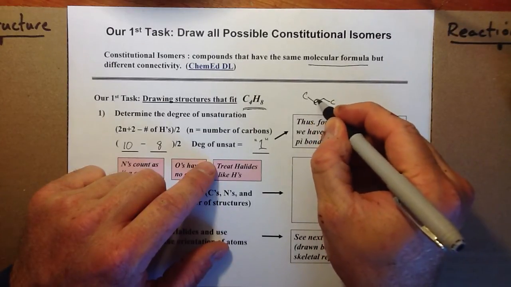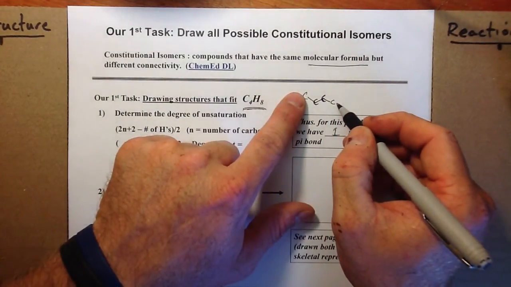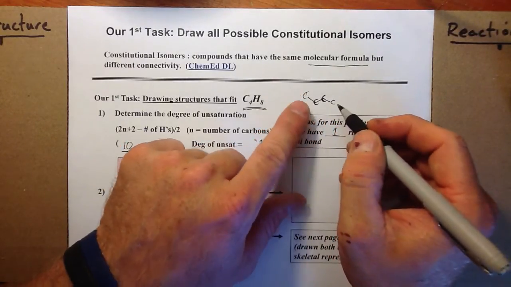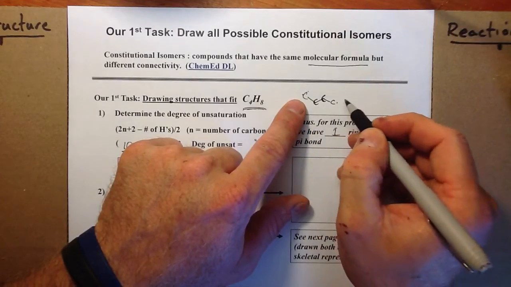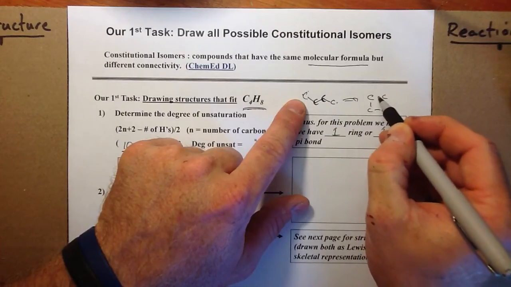Let's say these are the carbons in the middle and we're considering the frame. If I had hydrogens on these carbons on the end and I wanted to connect these two ends to make a ring, I would have to take off one hydrogen from this end and one hydrogen from this end to close the ring.